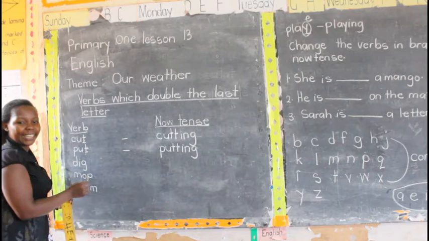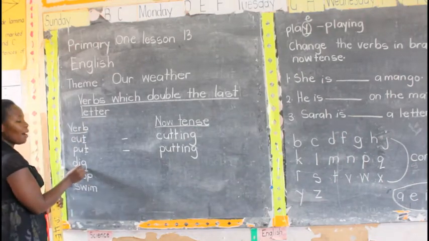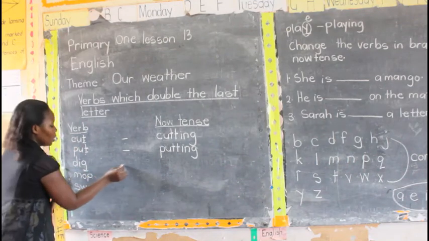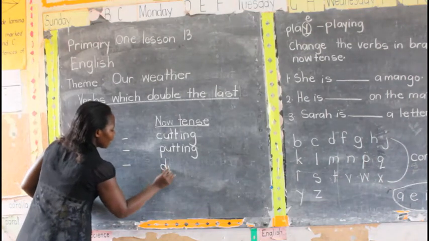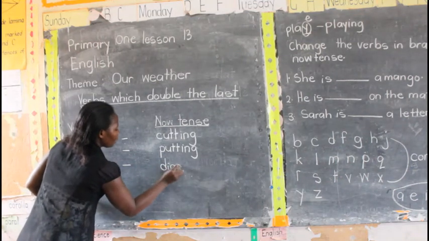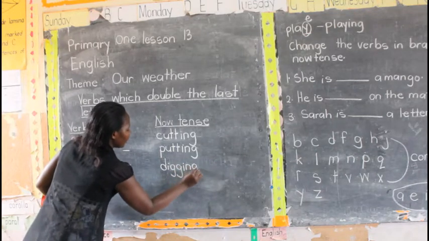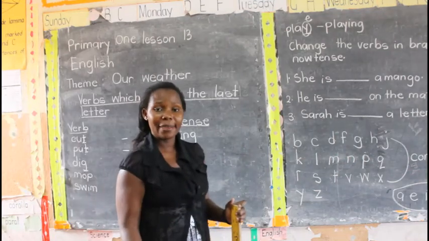We have dig. Dig. The last letter is a consonant letter near one vowel letter, and it is sounding as a consonant. So when we are changing dig to now tense, we double the last letter. We make 2 G and add I-N-G. Dig, digging. Children, are we together?